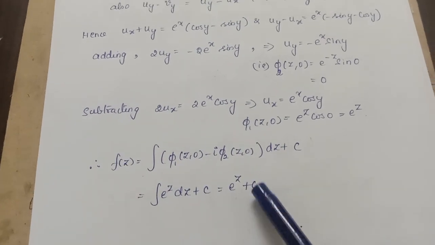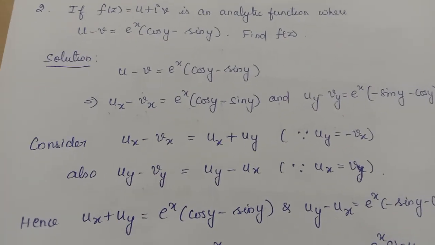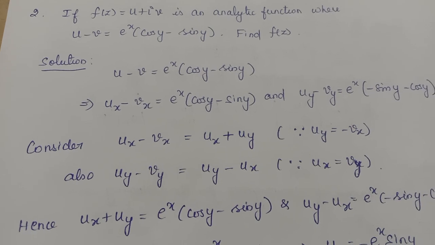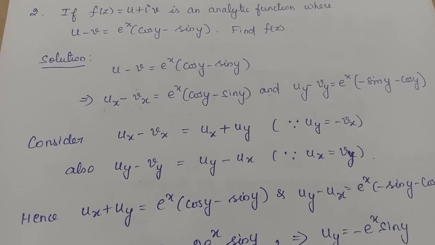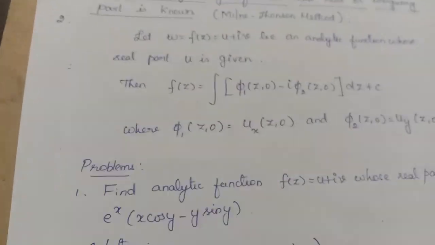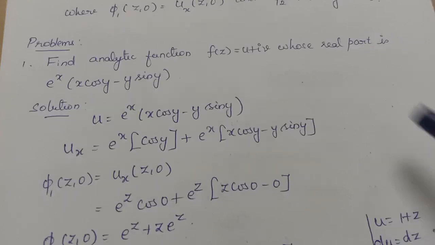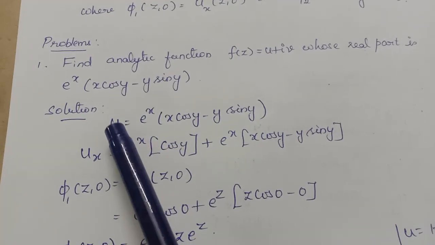See, here for the Milne-Thomson method, I have discussed the problems only with the real parts. If the imaginary part is given, what should you do? I will take the previous problem. Suppose instead of the real part, they have given you the imaginary part, this will be taken as v.